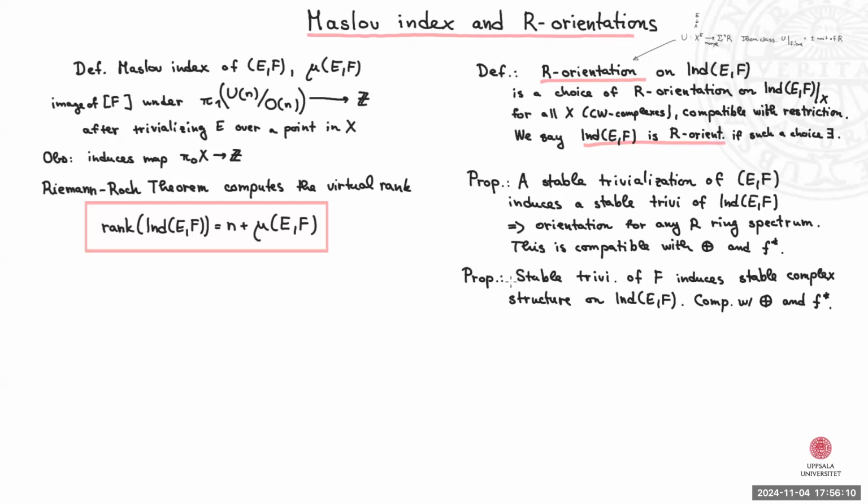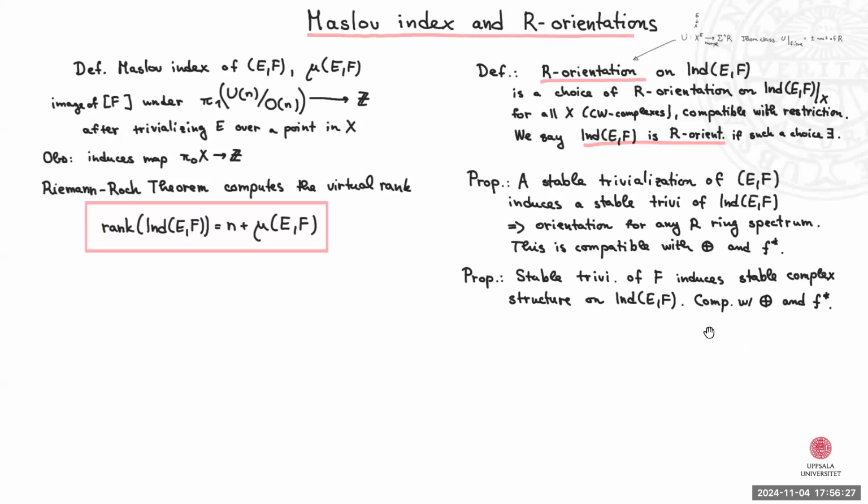Also, a good thing to know is that if you have a stable trivialization of this totally real subbundle, that induces a stable complex structure on this index bundle, and that is also compatible with these natural operations.